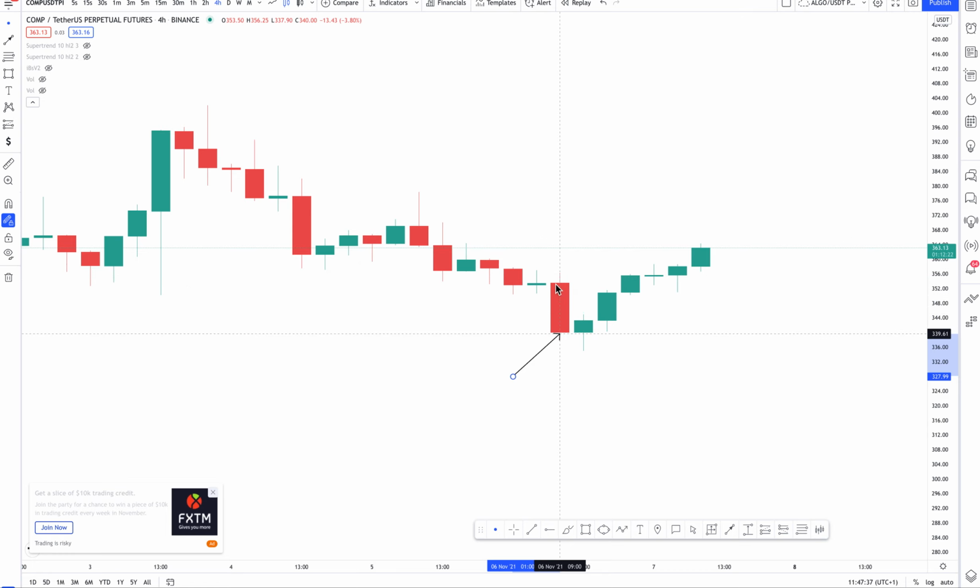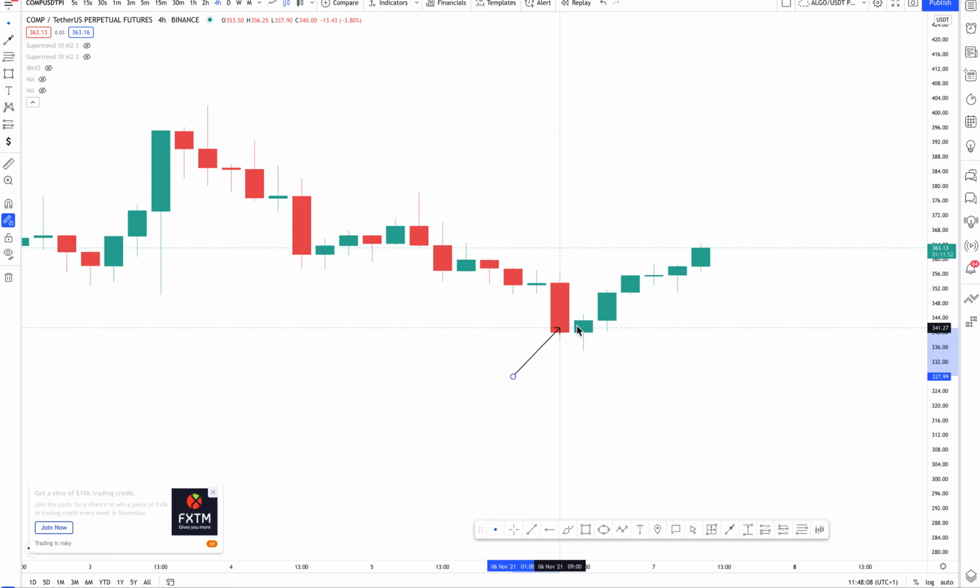The whole move of this candle, from start to end before the next candle comes up, is a complete circle of 4 hours. It did a full circle, a complete 4-hour move.